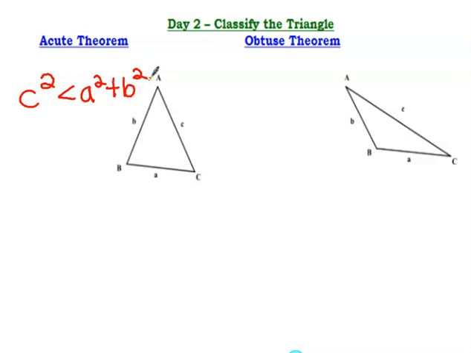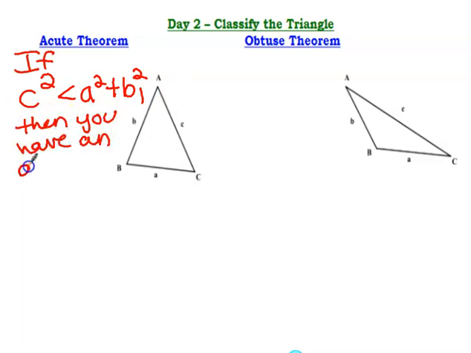If c squared is less than a squared plus b squared, so the 2 legs are bigger than the big leg, then you have an acute triangle.